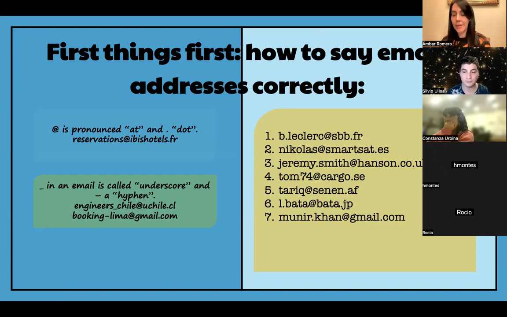So what happens is that if you are given a name or a surname that is in another language, I don't know, a Chinese name, a Swedish surname, spelling is essential. And that is why in the previous session we talked about the importance of spelling. Because when you are talking to someone, or when you want to give your email address, understanding spelling and spelling words correctly is key, right?